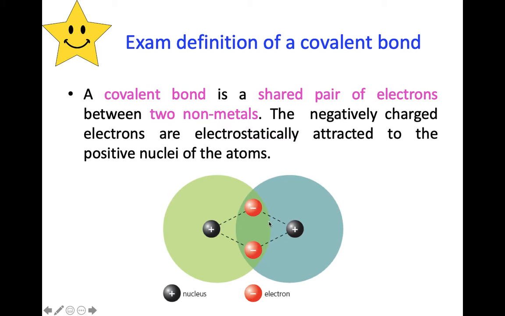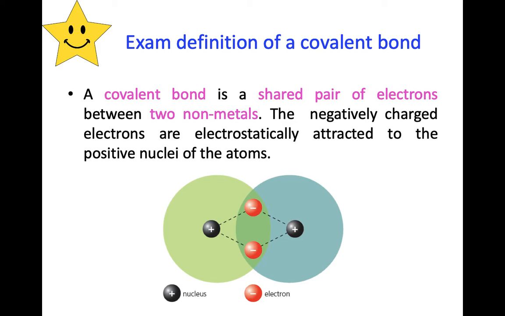We can see in this diagram, these positive nuclei filled with protons are attracted to the negative electrons of both its own atom and the atom it's sharing with. So remember, covalent bonds are shared pairs of electrons, and covalent bonds only form between non-metal atoms.